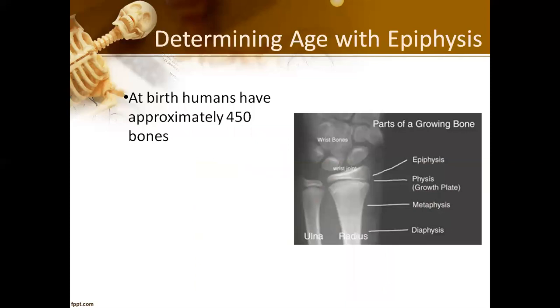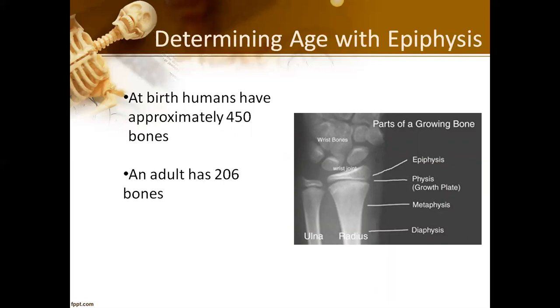Then we have the growth plates, also called the epiphysis. At birth, when you're born, you have approximately 450 bones. But by the time you are an adult, that has shrunk to 206 bones. So where do all the bones go? Well, they fuse together.